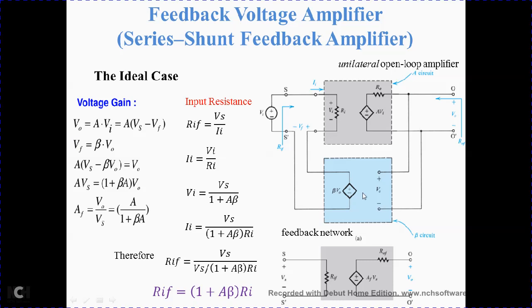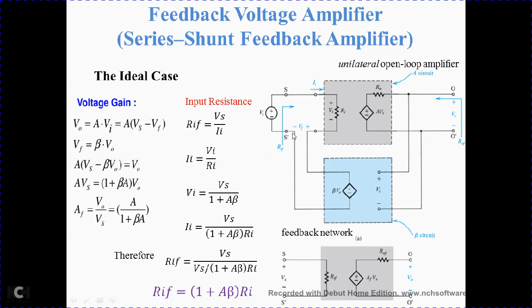That is the gain expression. We know that. So I'm going to retain A as it is. What is Vi in this case, considering feedback? Vi is nothing but Vs minus Vf.